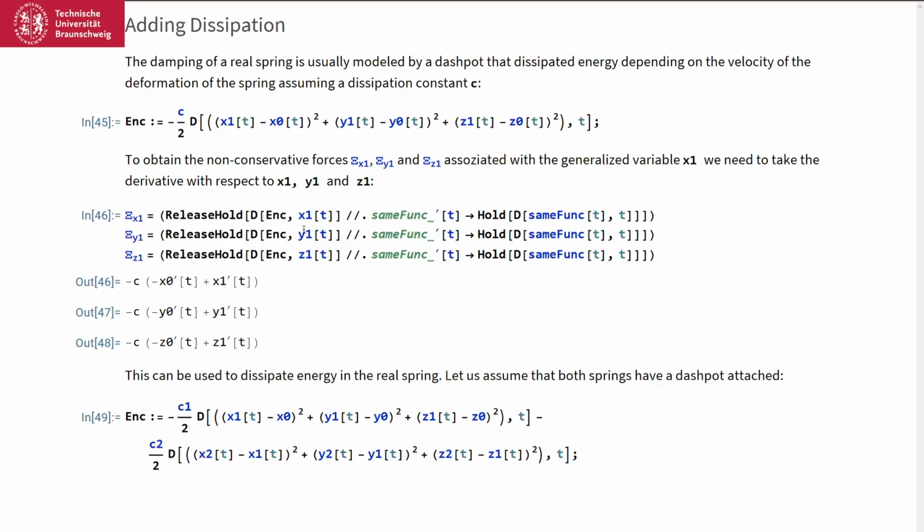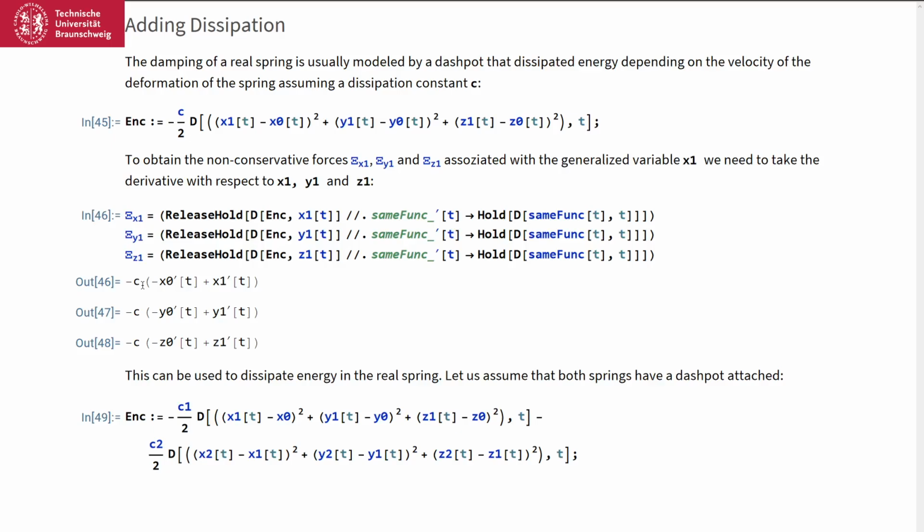What you potentially learned in your physics class is that the dashpot force is a constant times the time derivative of its velocity, right?